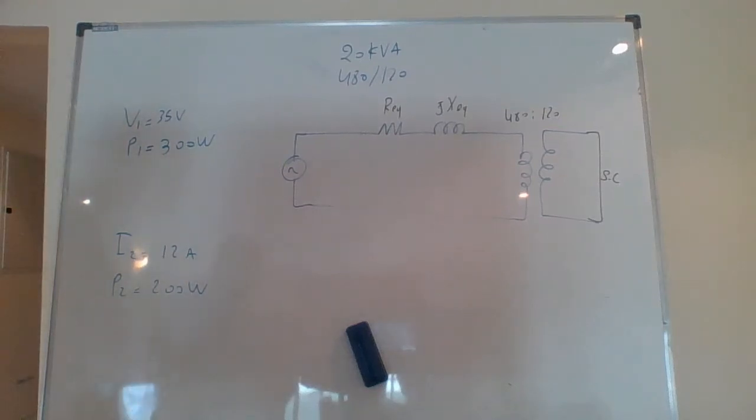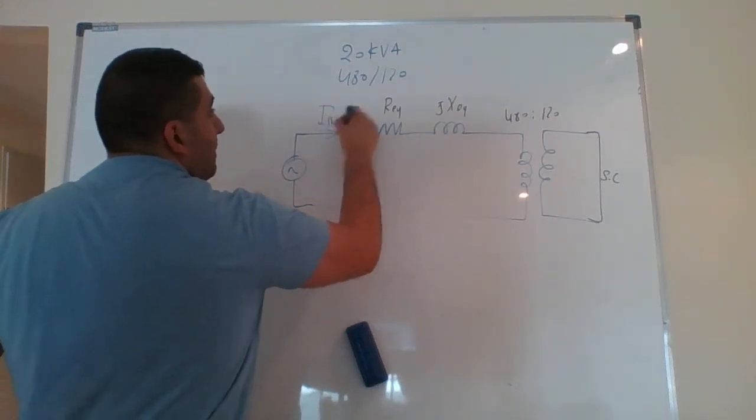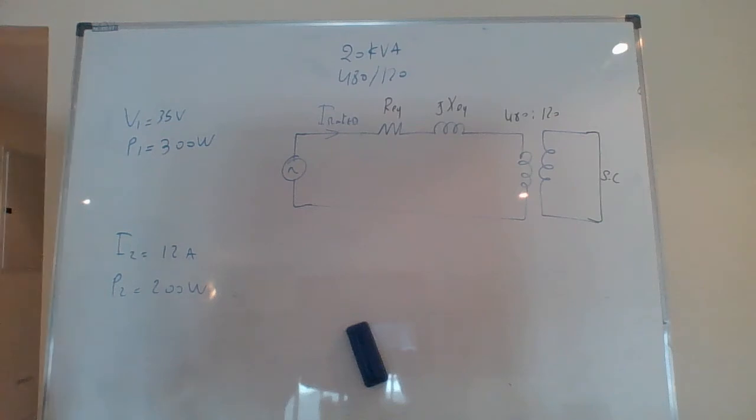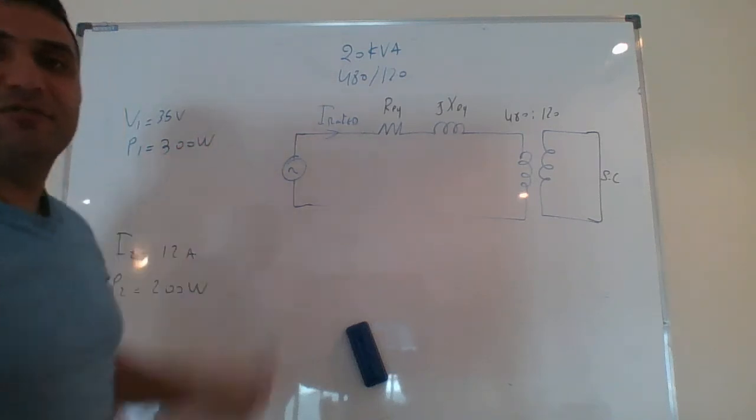If you remember, it said that during a short circuit test, rated current at rated frequency is applied. So I have a rated current. What's the rated current for the system? I have the rated power and the rated voltage.